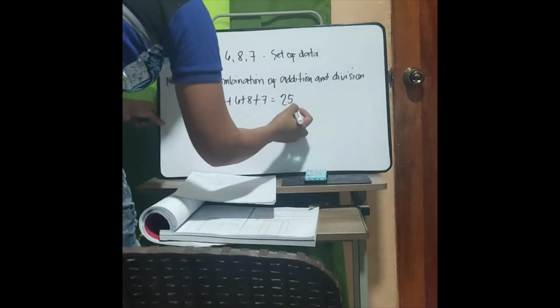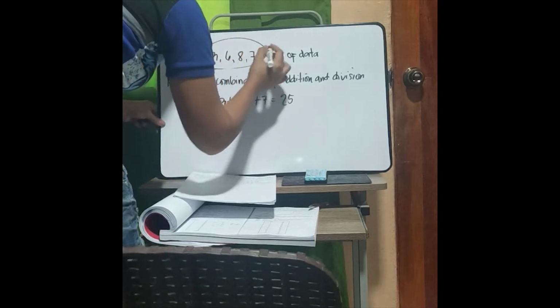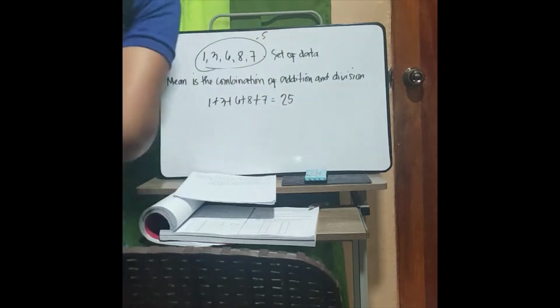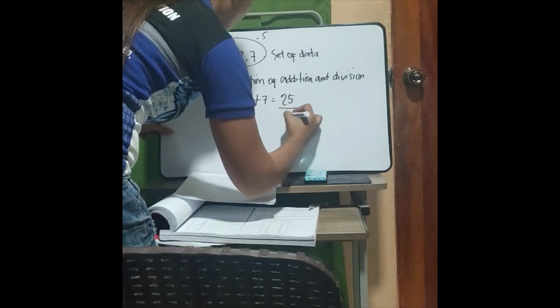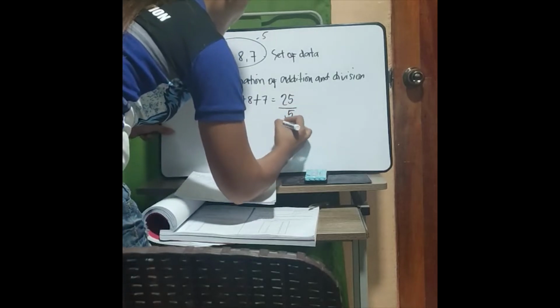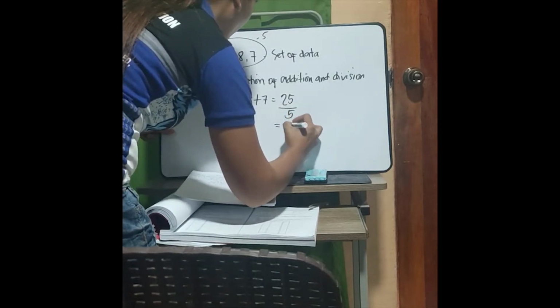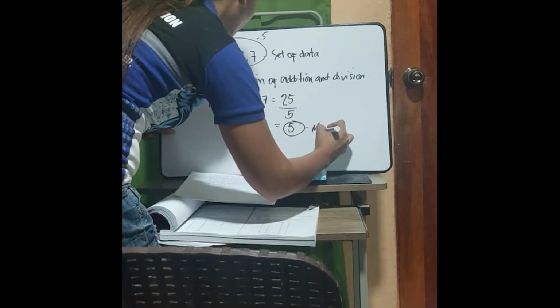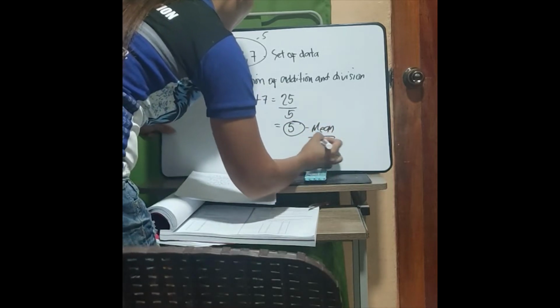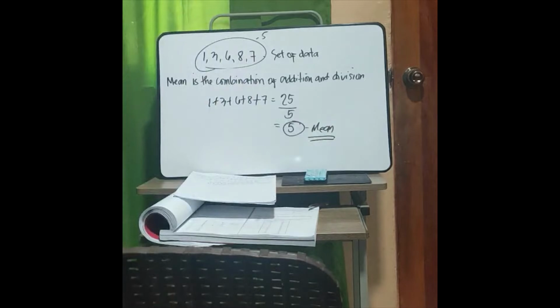Next, we divide this number into 5 equal parts because the data involved is 5. Since the sum total is 25, we divide it into 5 equal parts, and then we arrive at 5, so our mean is 5.